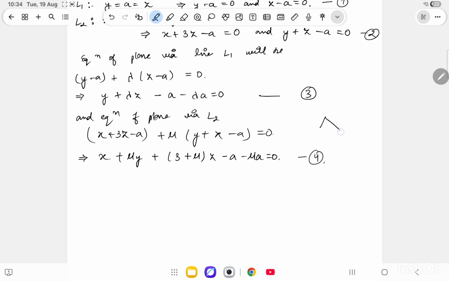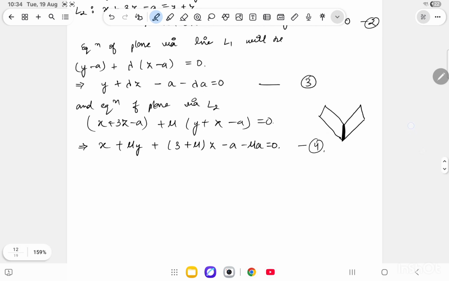So let's say this is my plane 3 and this is my plane 4. So this is the line of intersection. Further, it says that this line of intersection is parallel to the plane x plus y.